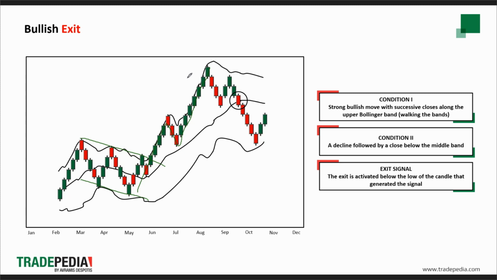This method itself will give you an indication of when the trend is changing and when to close your long trade. So this could be one of the ways that you utilize for your trade management.